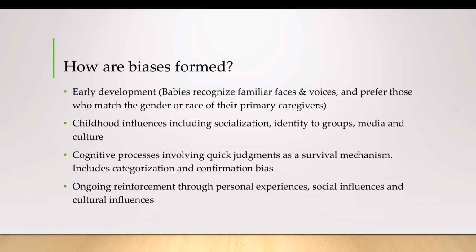Cognitive processes like categorization and confirmation bias also play a role. Biases are reinforced through personal experiences, social influences, and cultural norms, becoming deeply ingrained over time. For example, a child who grows up in a community where certain stereotypes are prevalent may internalize those beliefs and carry them into adulthood.